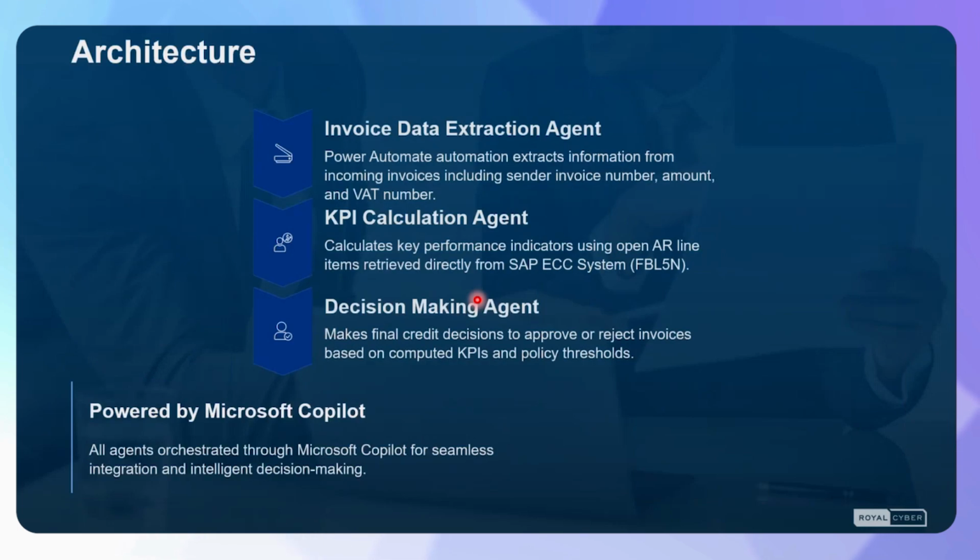So if we talk about this data architecture, whatever agents we have created, first of all, we have orchestrated an invoice data extraction agent, which extracts the information from the invoices. Then the second agent is a KPI calculation agent.